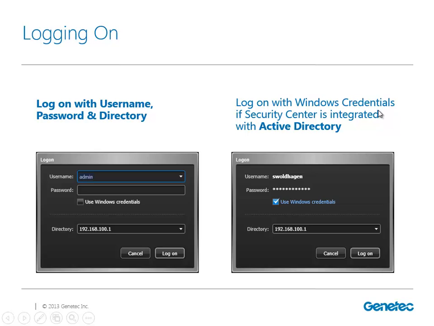We need to have a feature called Windows directory connection that we can use for that. We can type the username and password, and we will check use Windows credentials in this area here. And again, we're going to be typing our Security Center directory.